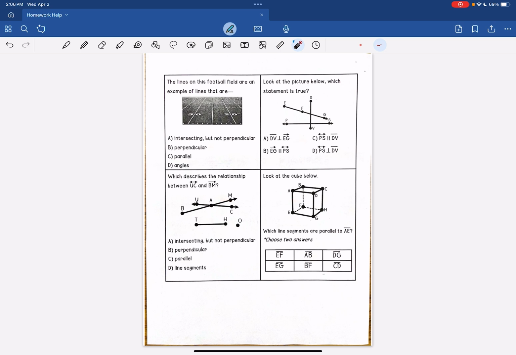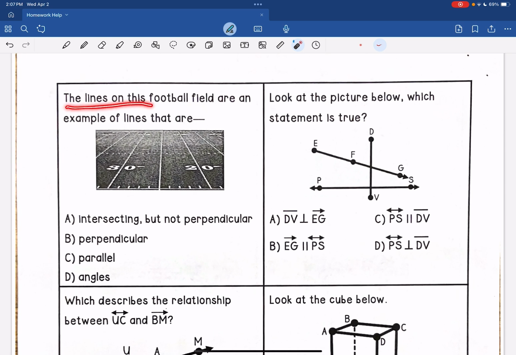few more questions. The first one says, the lines on this football field are an example of lines that are A, intersecting but not perpendicular, so they would cross but not form right angles. Well, I do see some lines crossing, but they're crossing at a perfect right angle.